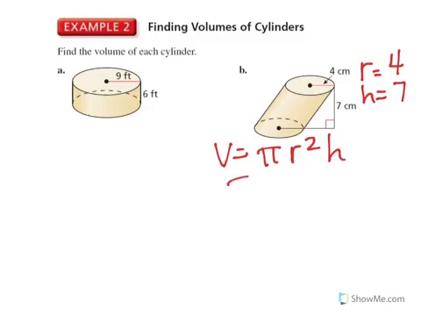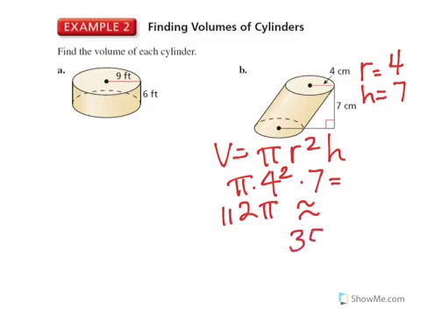We can go over here and go pi, our radius is 4, so times 4 squared times our height, which is 7. 4 squared is 16. 16 times 7 is going to give us 112 pi. Then when we put that in our calculator and multiply that out, we should get approximately 351.86 centimeters cubed.